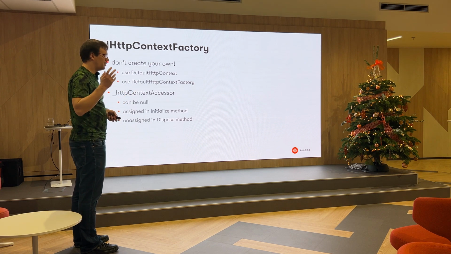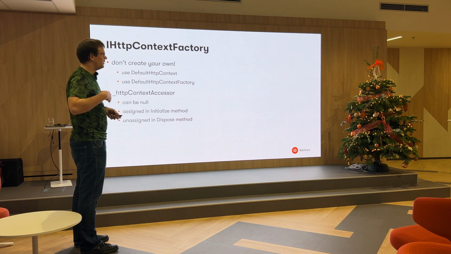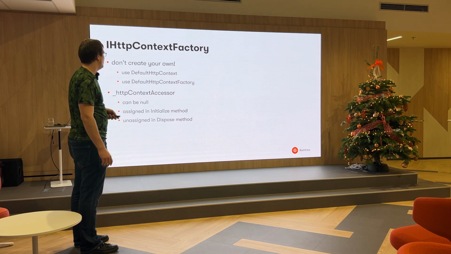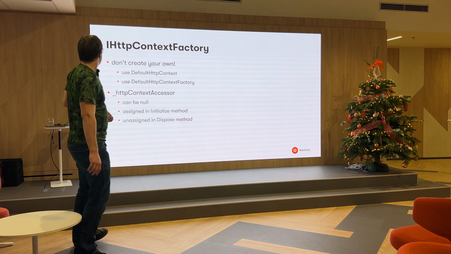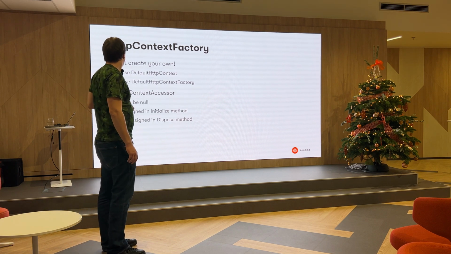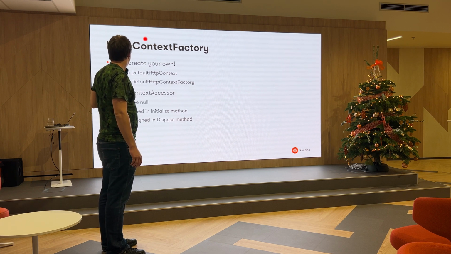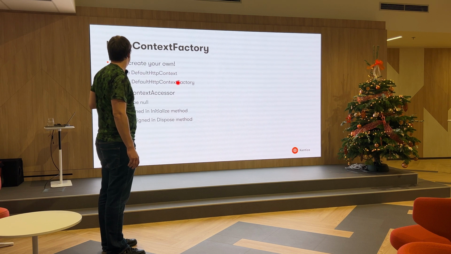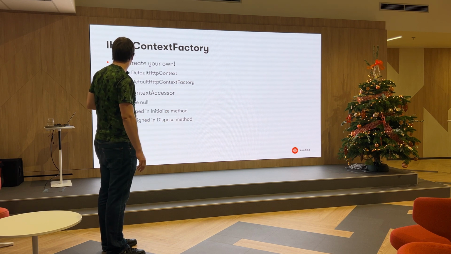There are a lot of streams and other memory parts that need to be allocated again and again, and the overall penalty isn't really worth it. So the first thing I learned from it: don't create your own implementation of IHttpContextFactory. Use the default, because they are part of the, let's say, broader ecosystem.